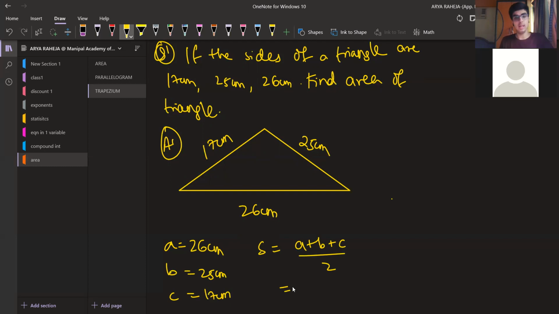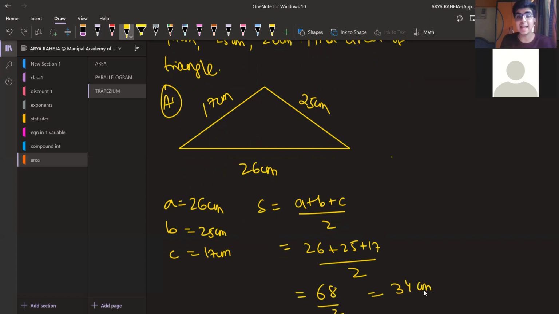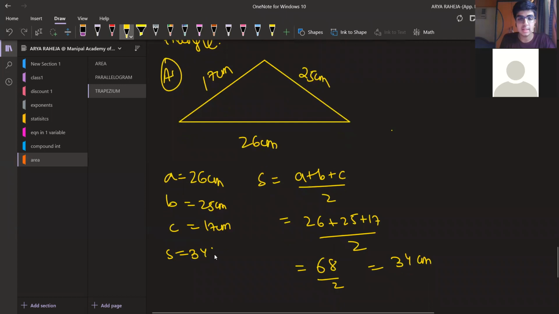So now A plus B plus C is basically 26 plus 25 plus 17 upon 2. So if you add this, it comes out to be how much? 26 plus 25 is 51 plus 17 is 68. So 68 upon 2 मतलब ये 34 centimeter. That is S. ठीक है? We found S is 34 centimeter.